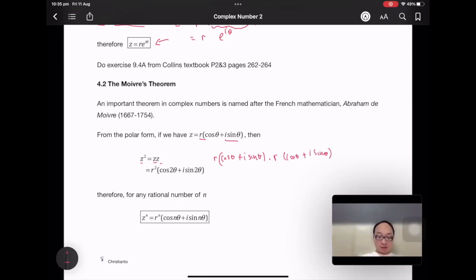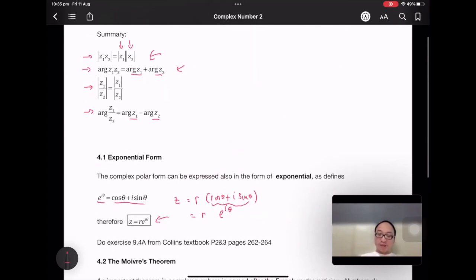That means we have r squared and then (cos(theta plus theta) plus i sin(theta plus theta)). Yeah, you see the identity here.